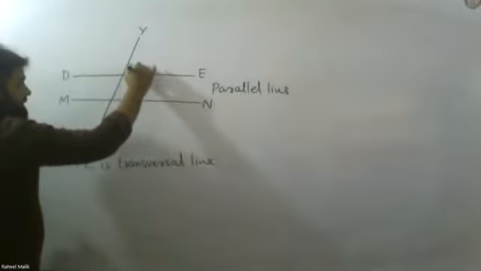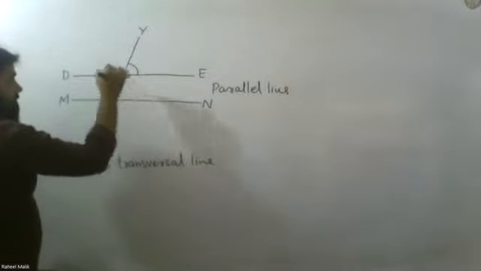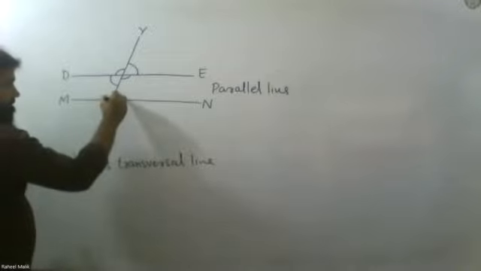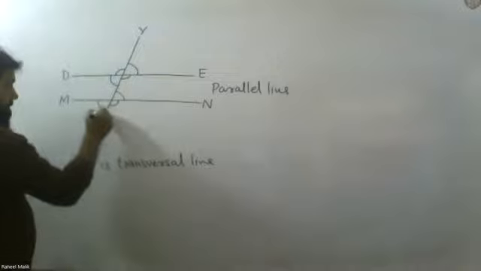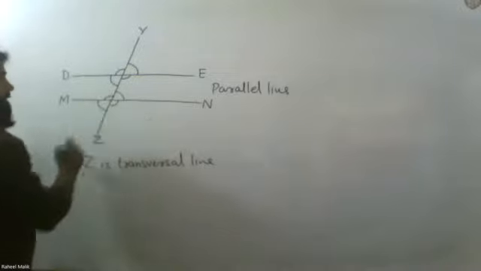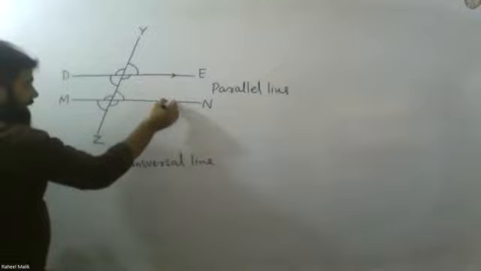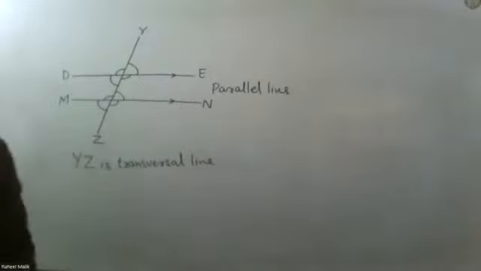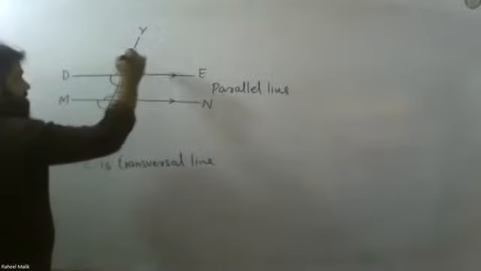Now, for instance, these are your angles, and these are your angles. We are talking about parallel lines which are shown by these arrows. These arrows mean that we have parallel lines over here. Now I am going to name them.